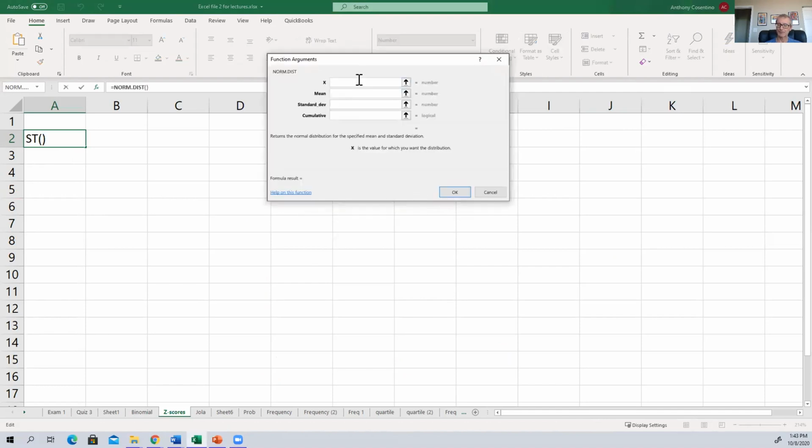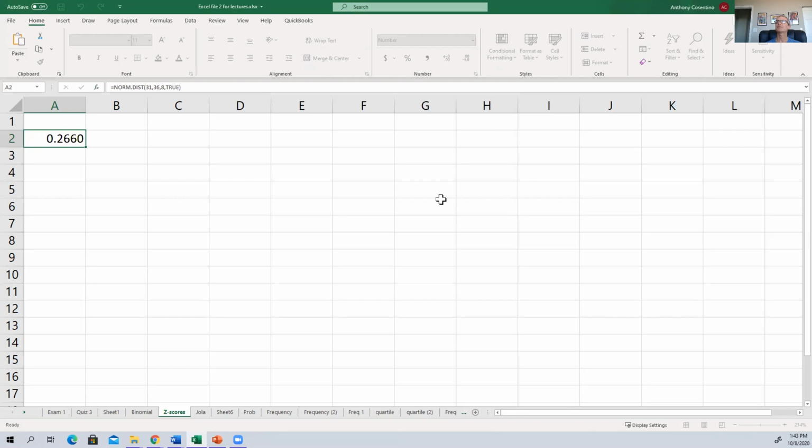And you see we plug in the number 31. We plug in the mean of 36. We plug in the standard deviation of 8. And we plug in true. And that gives you an answer, and I've already rounded it to 4 decimals of 26.6% or 0.2660.